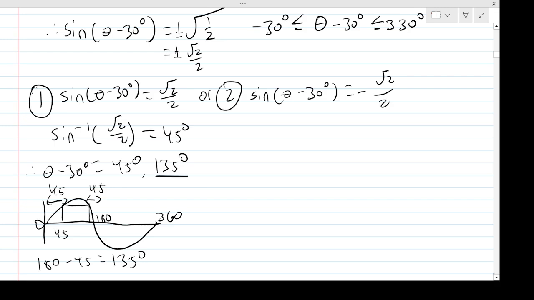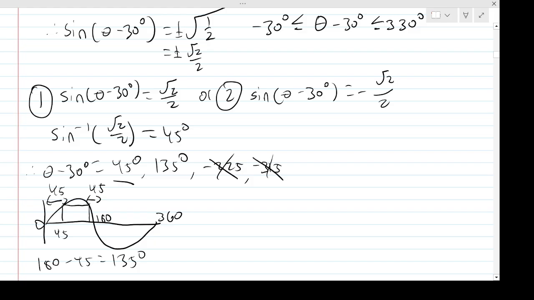So if we subtract 360 from 135, we would get negative 225. Well, actually, that is below minus 30, so we don't need to consider that. If we subtracted 360 from 45, we would get minus 315.